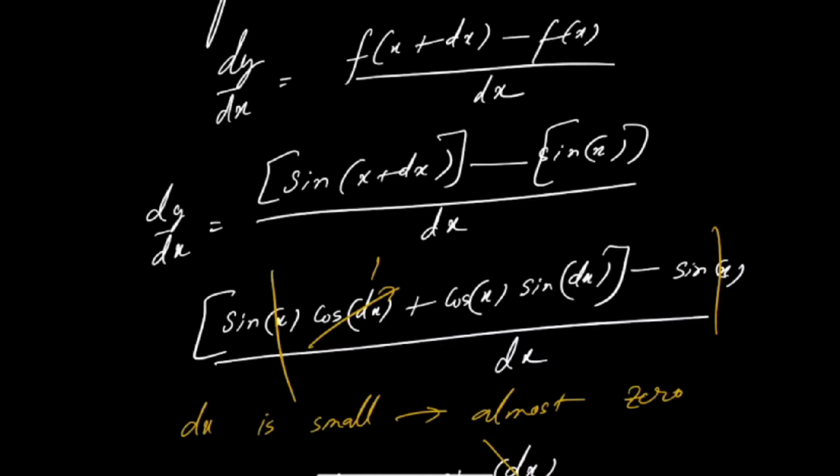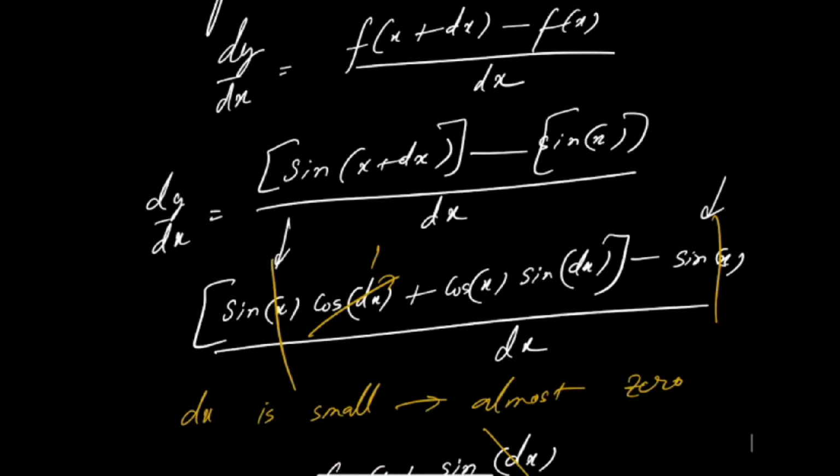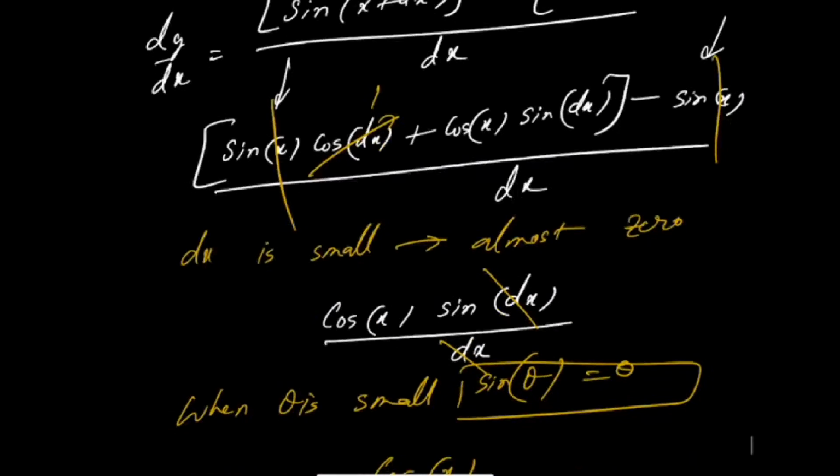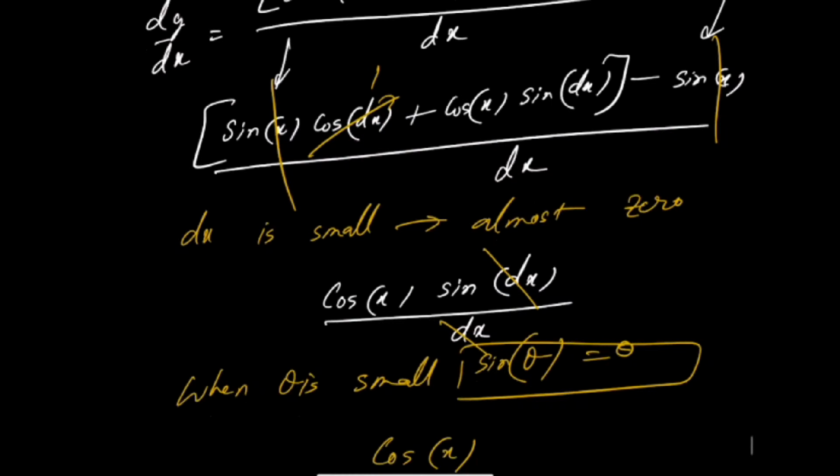But dx is small, so it is almost 0. So cos 0 is 1, so here cos dx becomes 1. So 1 into sin x is sin x, and this sin x and this sin x cancel, because there is a negative sin x here and a positive sin x there. You are left with cos x sin dx by dx.